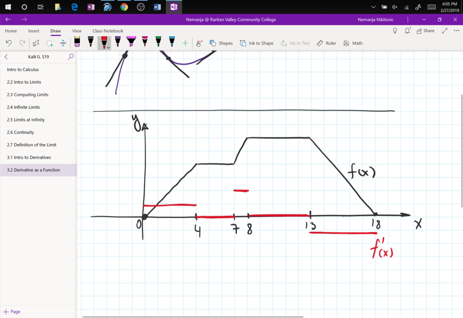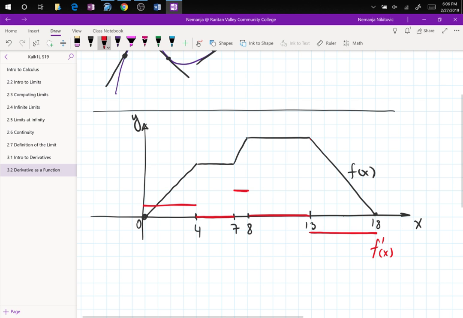Please notice that any time your function was rising, you had positive slopes, positive derivative. Any time the function was flat, you had zeros, and any time the function is decreasing, you have negative derivative. This is what we are learning in this section.